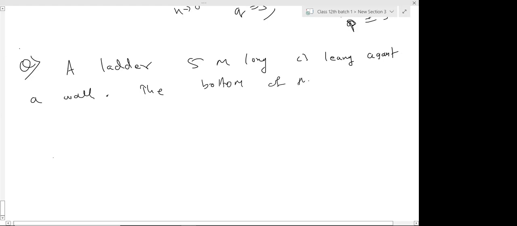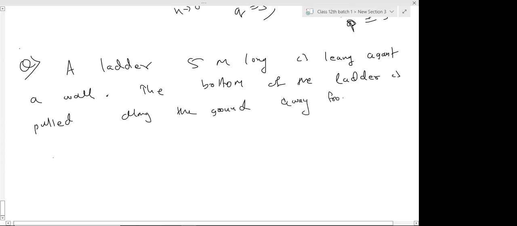The bottom of the ladder is pulled along the ground away from the wall at the rate of 2 centimeters per second.